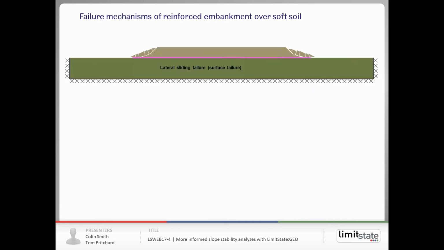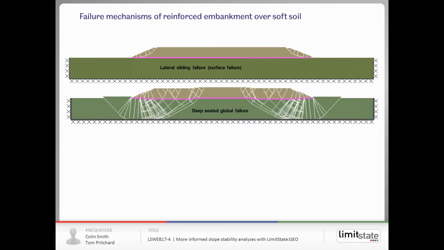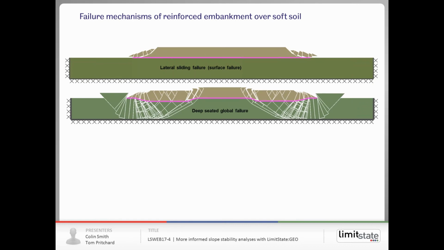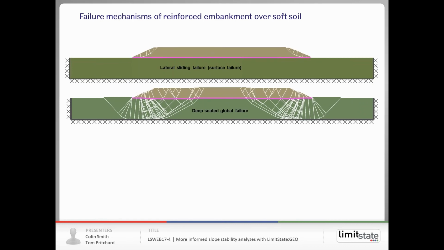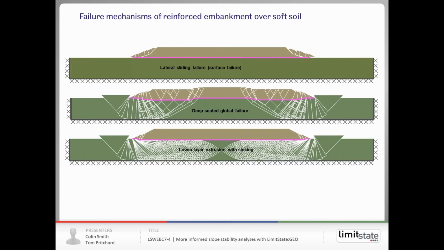We can also look at failure mechanisms of reinforced embankment over soft soil. So here we have simple failure of the embankment above the reinforcement in the base layer, if the base layer is strong enough. If the base layer is soft and weak, then you can get a deep-seated global failure.